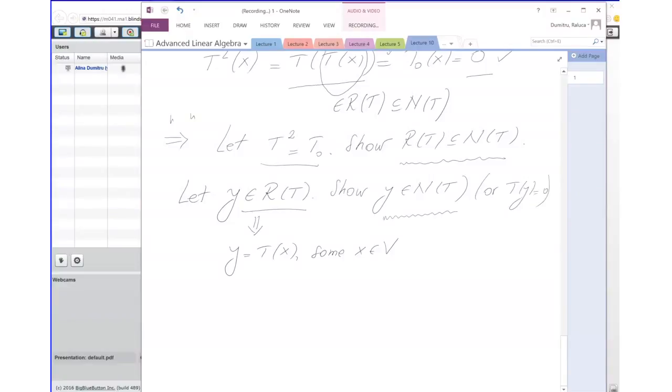So I need to look at this T of y. T of y is T of T of x, which is T squared of x, right? And T squared, we know, is T0. So T of y is 0, and we are done.